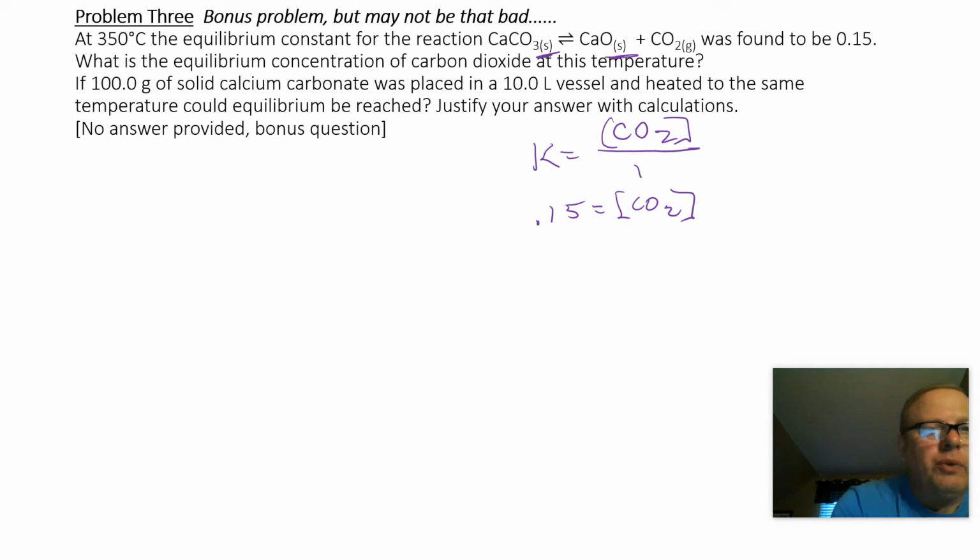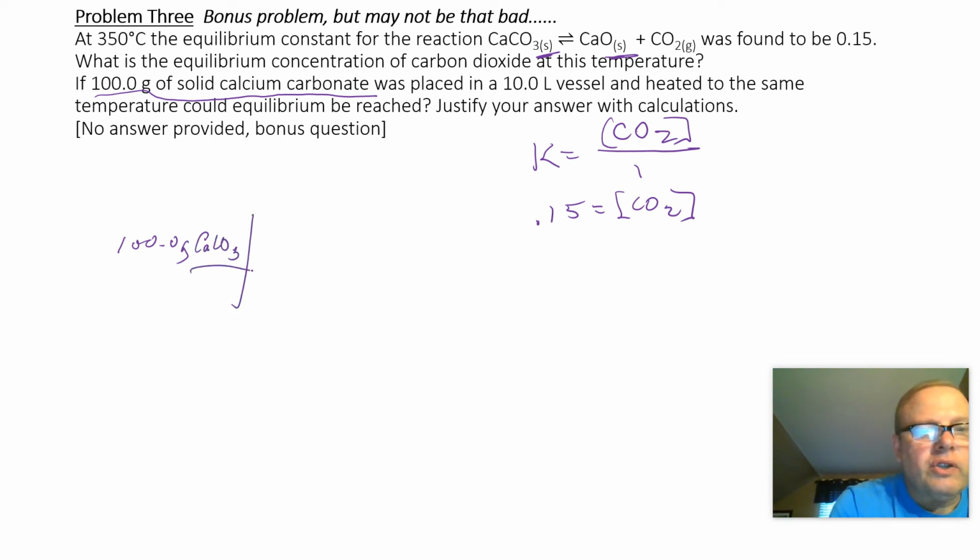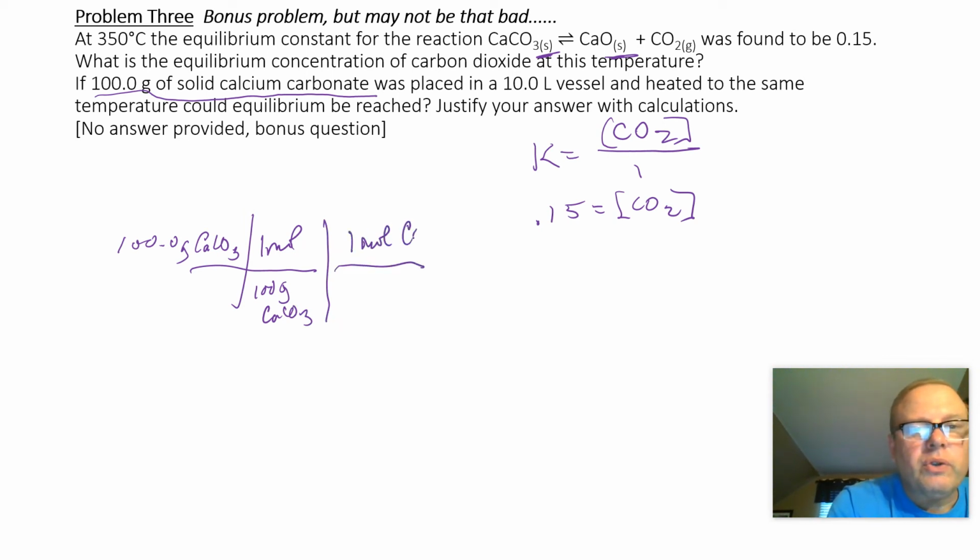Now, it says we've got a 100-gram chunk of solid calcium carbonate. So just like in previous times, we'll take that 100 grams of CaCO3, and this is what most of you did, 1 mole over 100 grams of CaCO3. And then you're going to make 1 mole of CO2 for every 1 mole of calcium carbonate that you throw in.